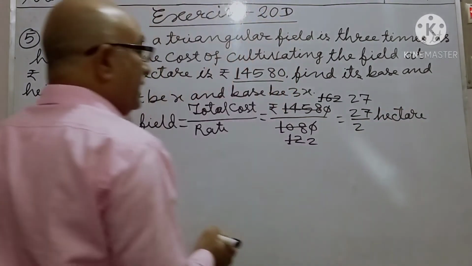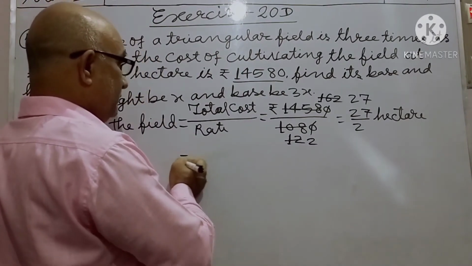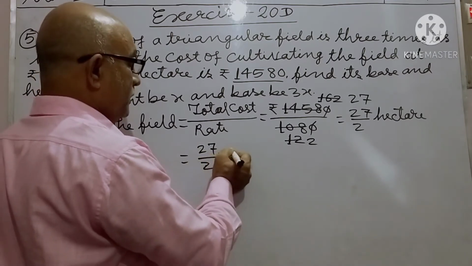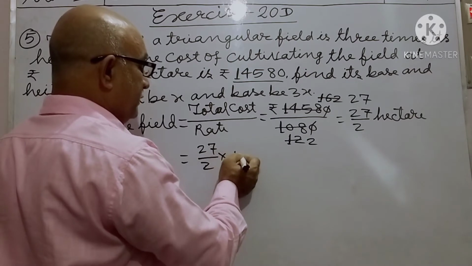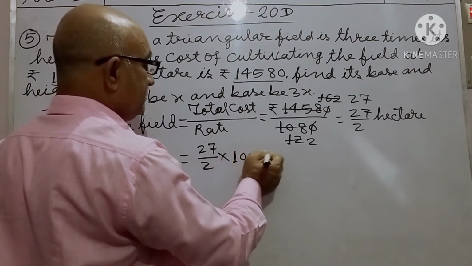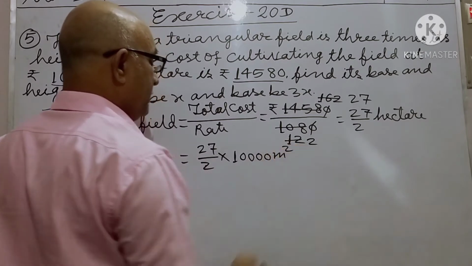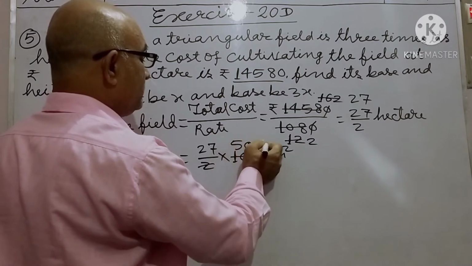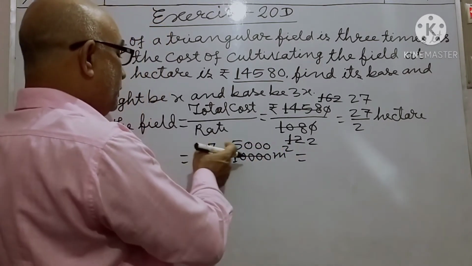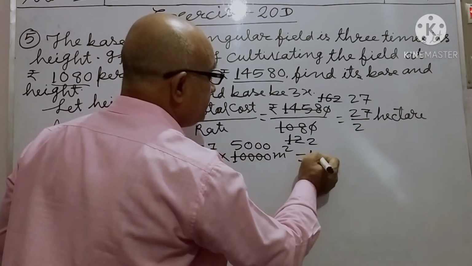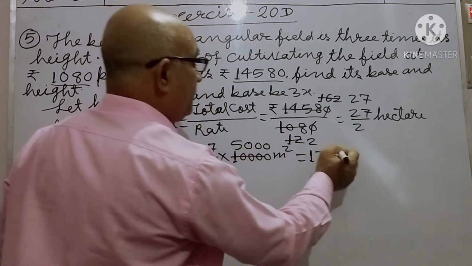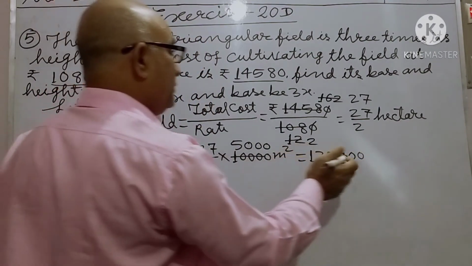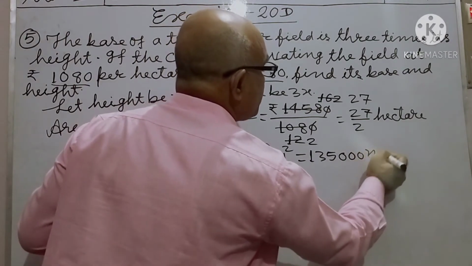Now hectare changes into meter square. So 27 by 2 into 10,000 meter square. So divisible by 2, 5,000. Equal to 27 5 ja 135 and 000 meter square.